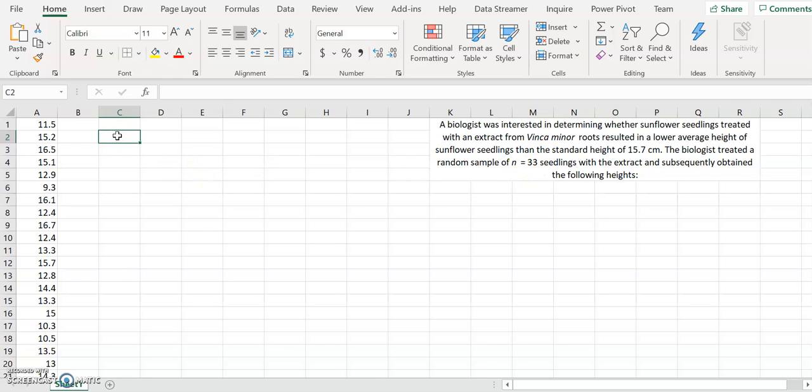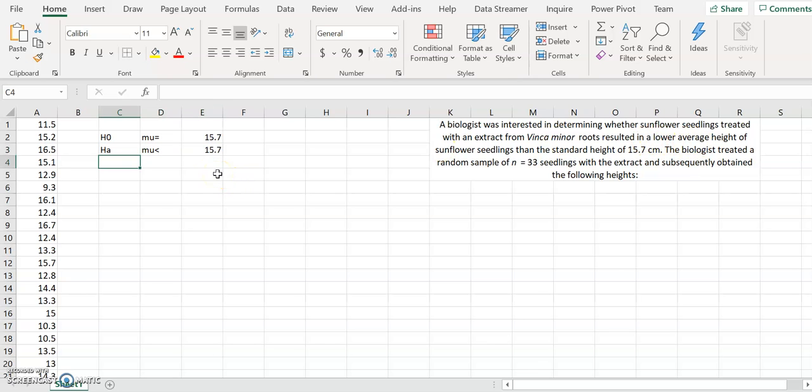All right, so let's just write down H0. The mean, mu, is 15.7, and HA, mu, is going to be less than 15.7, since we want to know if the extract lowers the average height.